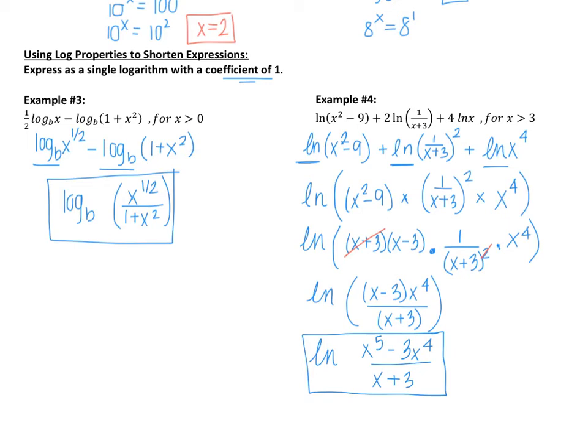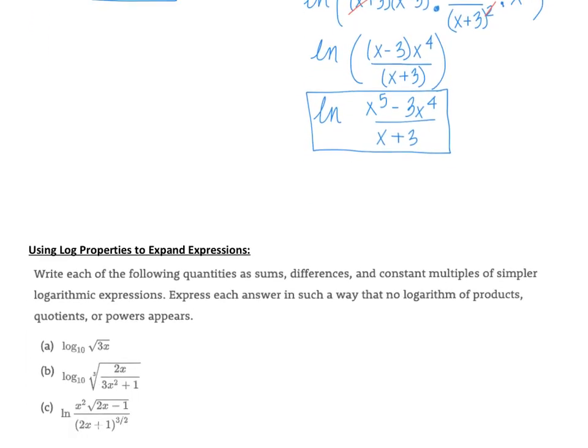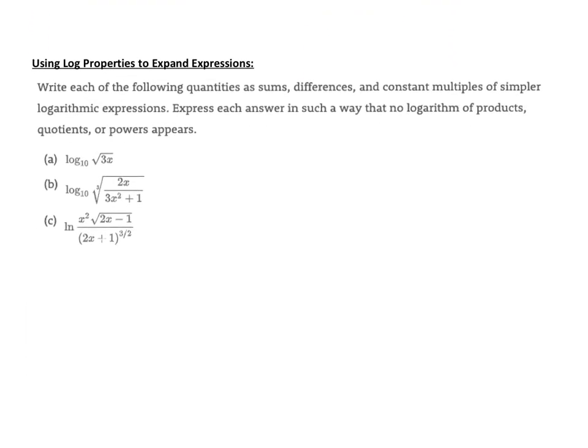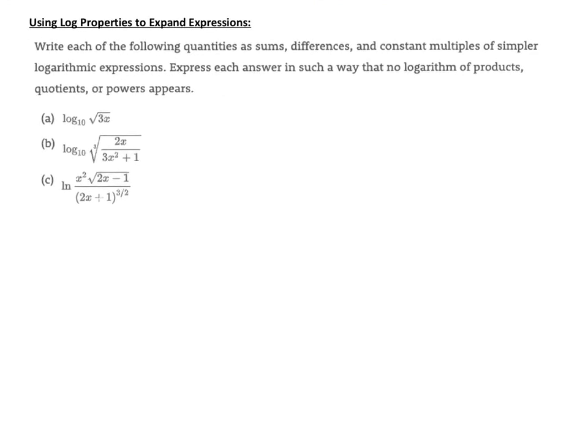Well, if we can go that direction, how about we now expand? So here we're going to use log properties to expand this expression. We're going to write each of the following as sums, differences, and constant multiples of simpler logarithmic expressions. We want to express each answer in such a way that no logarithm of products, quotients, or powers appear.